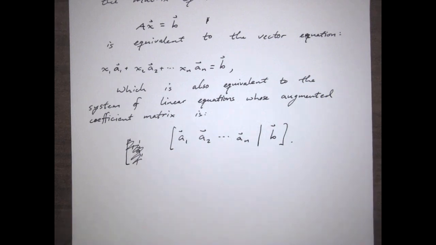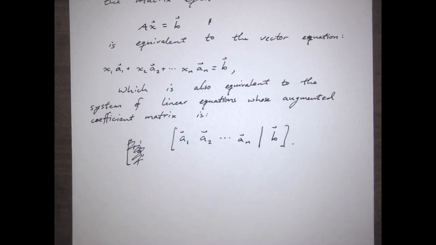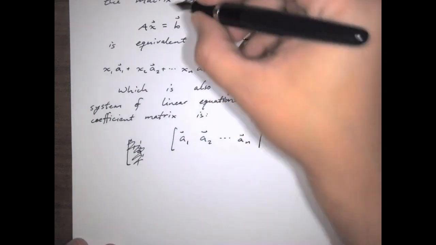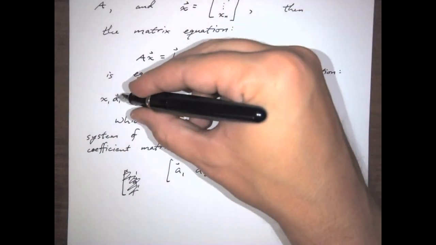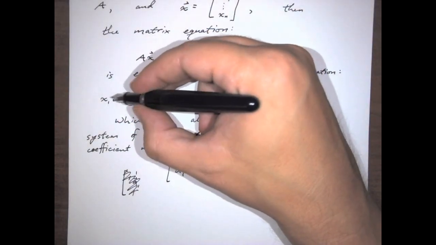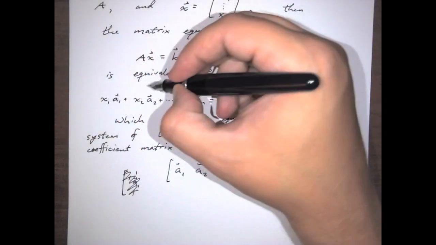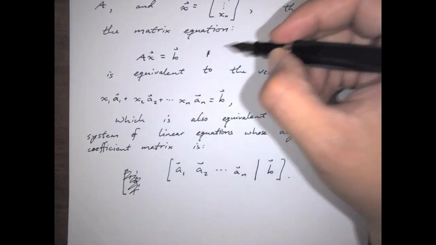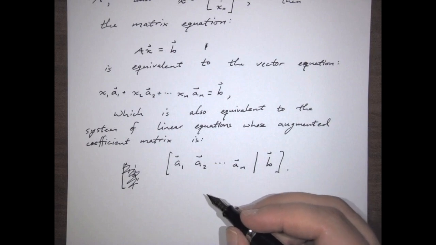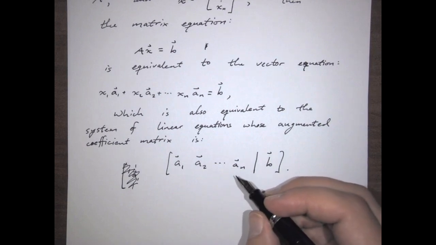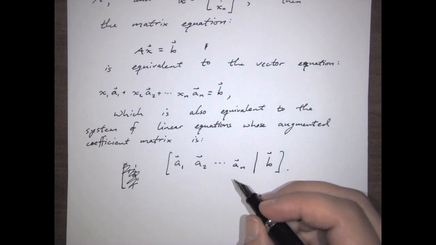So what this is saying is these are just three ways of looking at what amounts to the exact same situation. We can have it written as a matrix equation, Ax equals b. We can think of it as a vector equation, which relates the unknown weights of known vectors. Or we can think of it as a system of equations, which we would often express in its augmented matrix form as such.